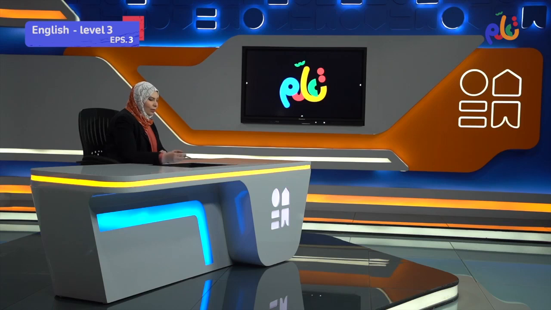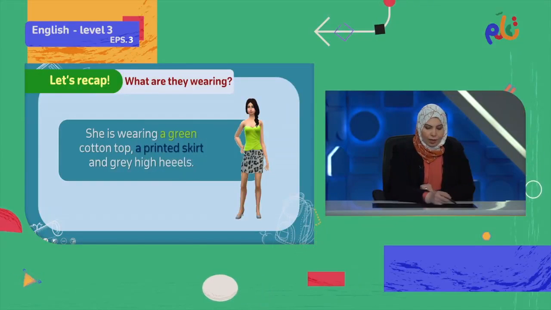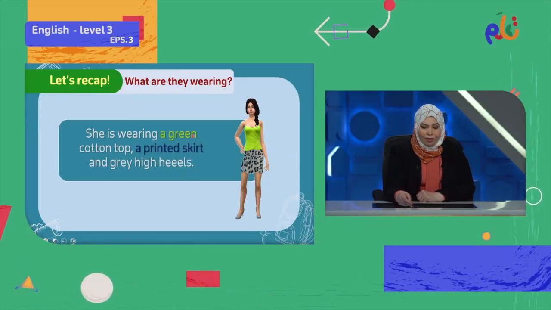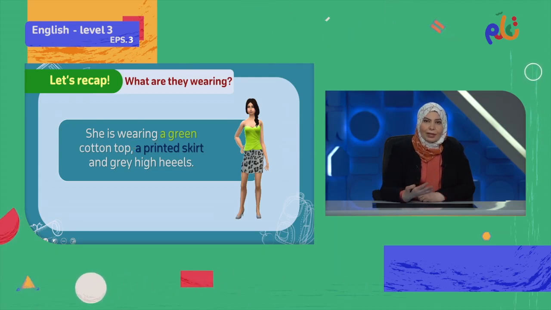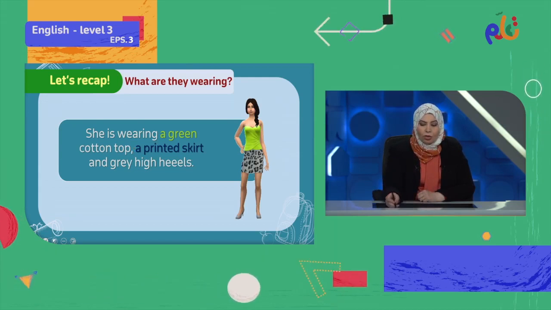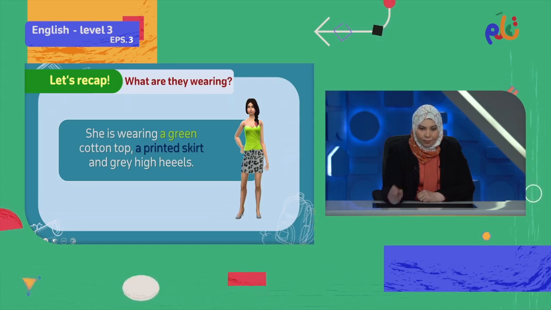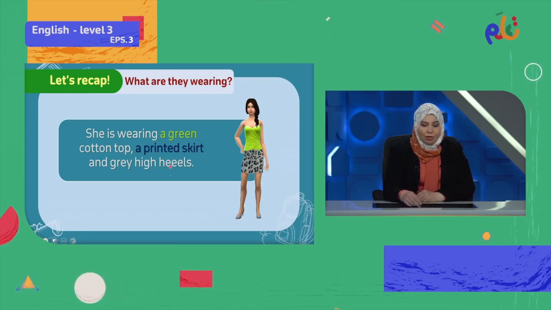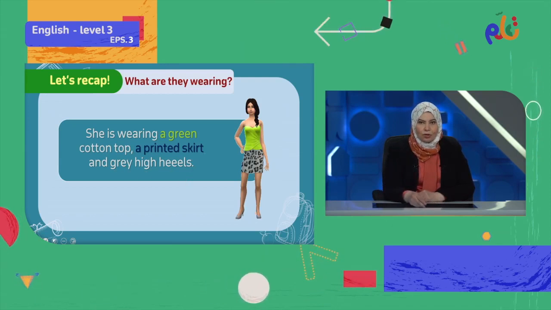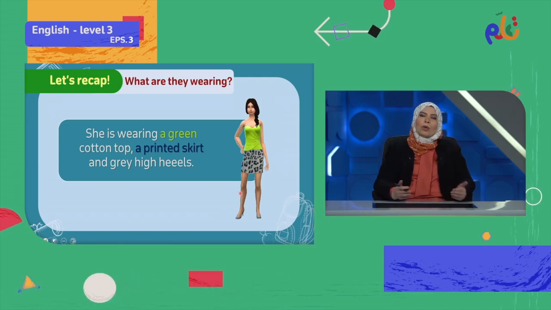The last one. Okay, so look at the lady. What's she wearing? She's wearing a green cotton top. We can add more details and we can say a green cotton sleeveless top, a printed skirt, and gray high heels. So this is how we can give description.